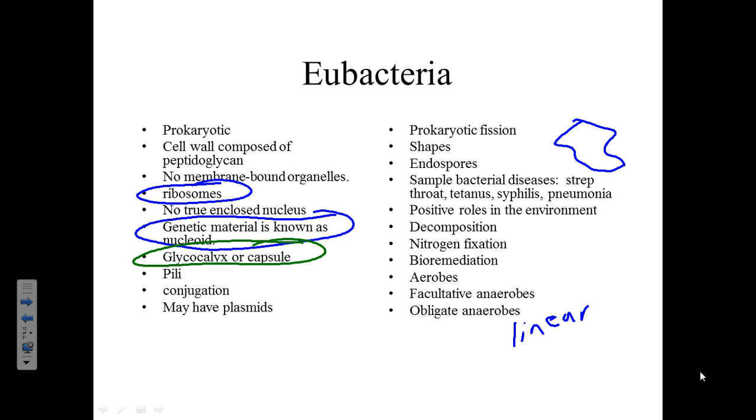Because you know in science we have to use big fancy words. Well, dehydration, that's not the word I'm looking for. Maybe you don't know this word. Desiccation. If you ever see that word, and you will in this class, it just means drying out. So the mucousy capsule helps them to prevent being dried out.